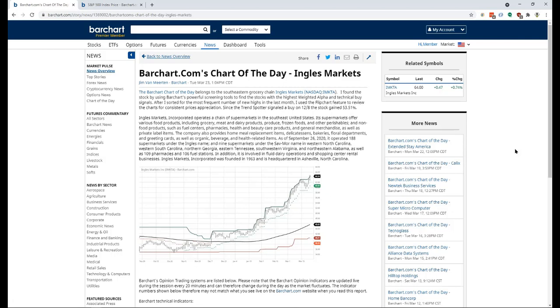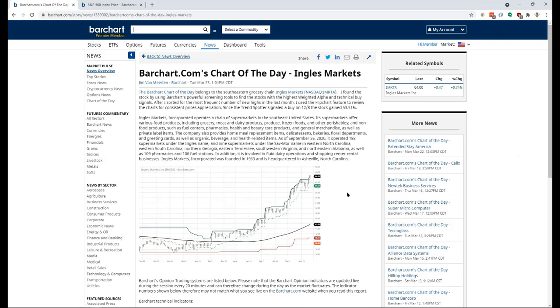And again, you may see 3 banks in a row or something like that. I'm not saying that this was the best stock of the day, but if I'd already recommended a stock within the last 90 days, I'm not going to look at it again and put it on the chart of the day.